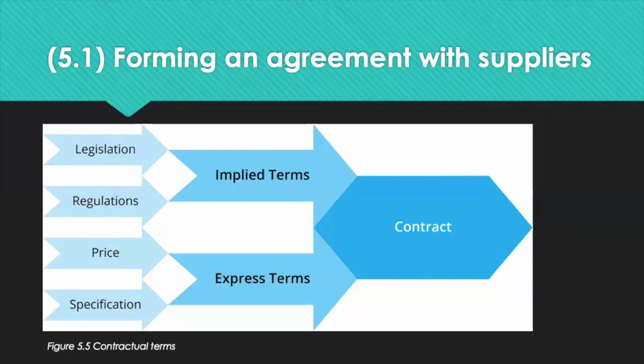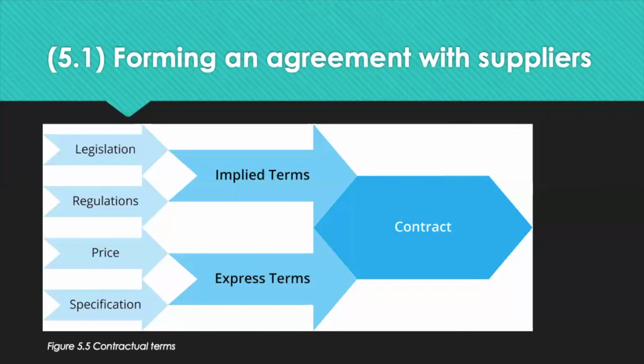This is where you're over a legal age for a particular country, or it could mean not suffering from a mental disorder where you're not in your own state of mind, including being drunk or under the influence of drugs. So to recap, you need an offer and acceptance, consideration, intention, and capacity.